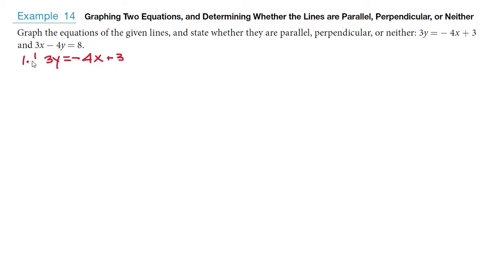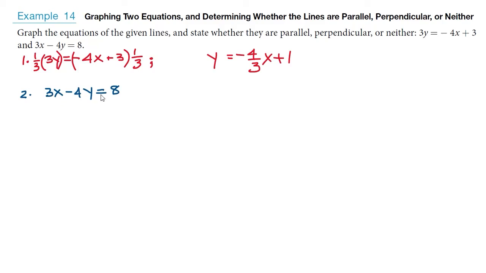I'm going to multiply both sides of this equation by 1/3, and that will give me the line y equals negative 4/3 x plus 1. In the second equation, I have 3x minus 4y equals 8.